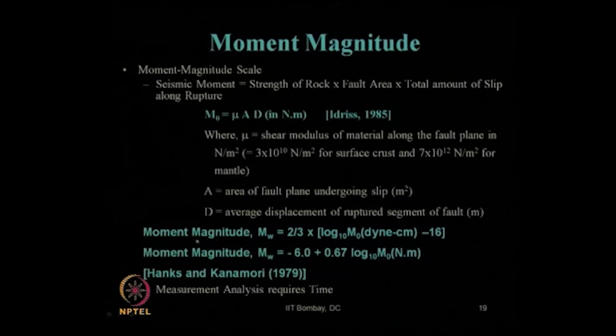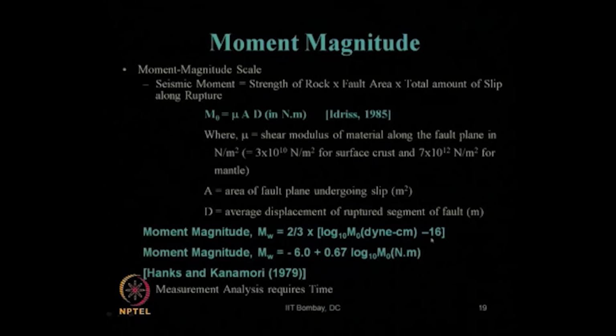So, the moment magnitude is then calculated using this seismic moment expression in this fashion. Moment magnitude Mw can be estimated by the expression 2/3 times log to the base 10 of M naught minus 16, when M naught is in the unit of dyne centimeter. Remember, here it is in Newton meter.